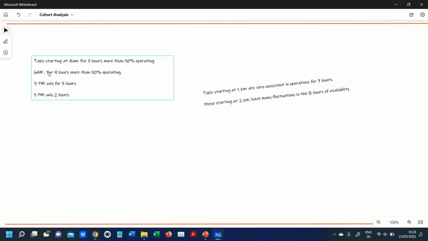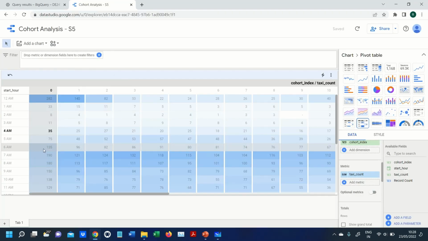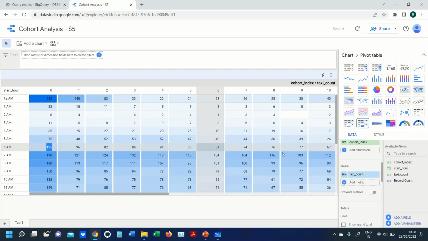But for the taxis which started at 6 a.m., for 9 hours more than 50% are operating. If there are some taxis starting at 9 a.m., 135 taxis, for 9 hours consistently it is above 70. Consistently above 70 are available for 9 hours.